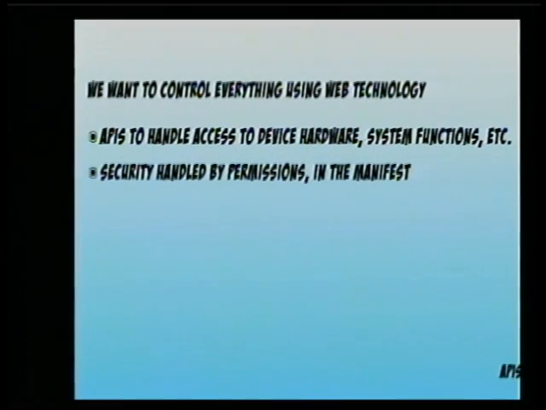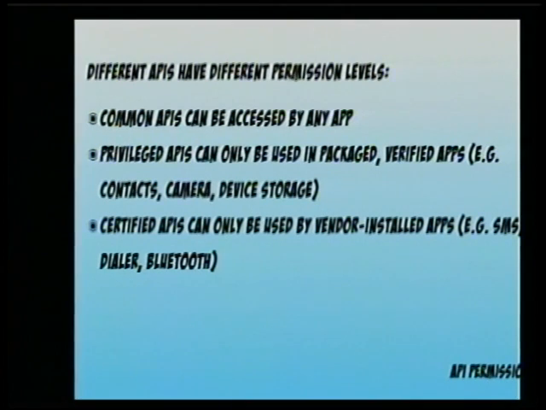Now, in terms of security, we handle this mainly by the permissions inside the manifest. So there's different permission levels. So common APIs can be accessed by any app, even the hosted apps, you know, that are just normal apps sat there on your web server. When you have a packaged app, however, you can use privileged APIs. And these are slightly more security critical things like contacts and camera and device storage.